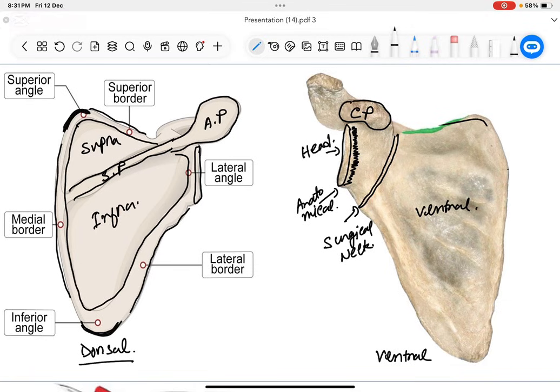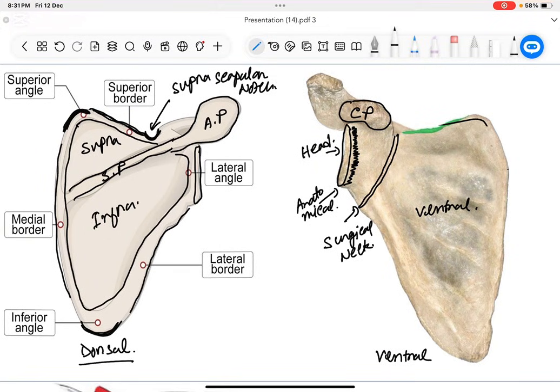Now, as I said, there are 2 notches also. One notch is where the superior border is heading toward the glenoidal area. The name of this notch is the suprascapular notch.